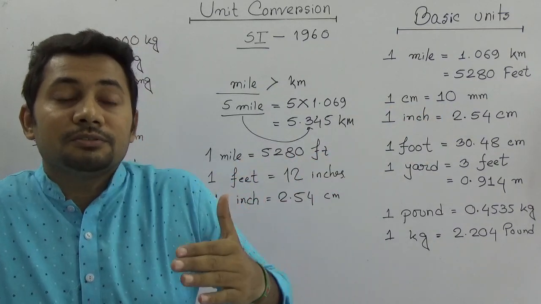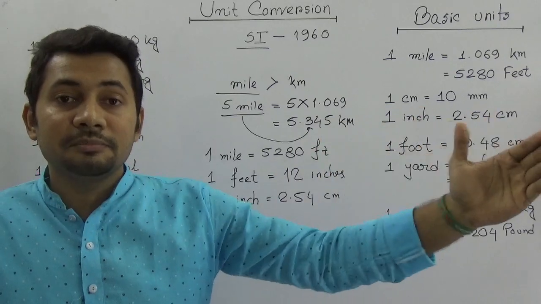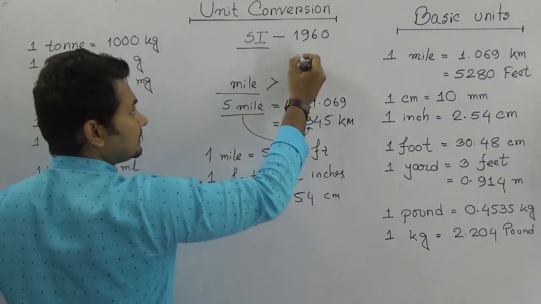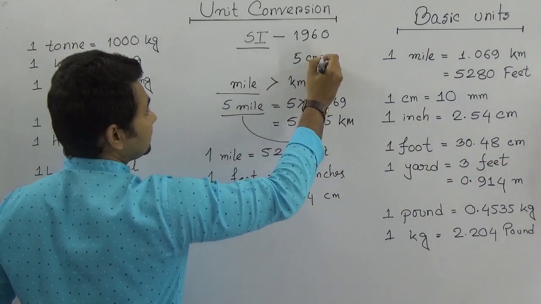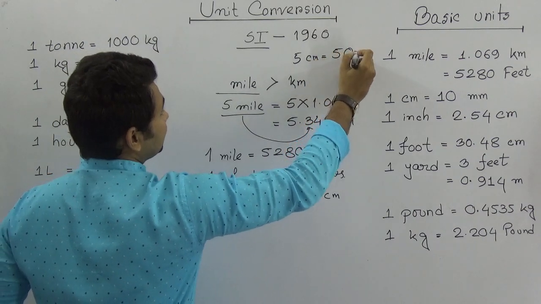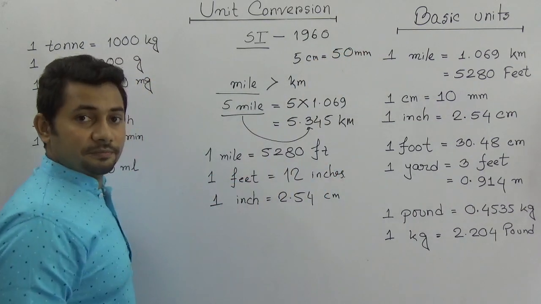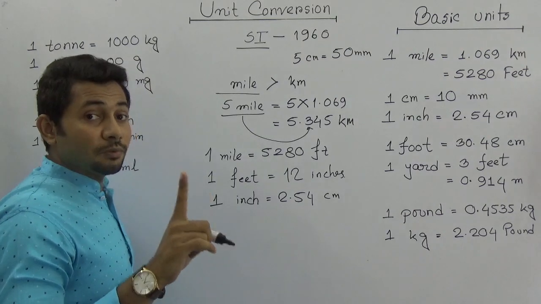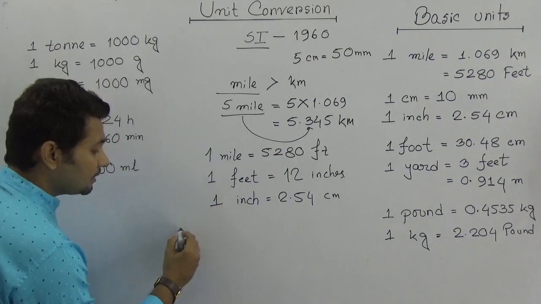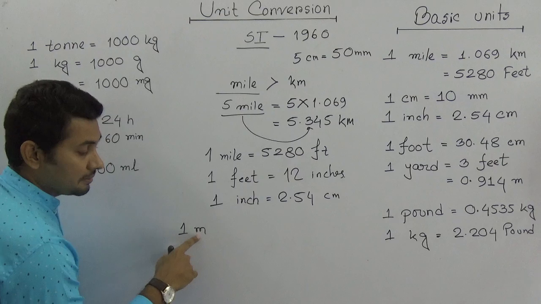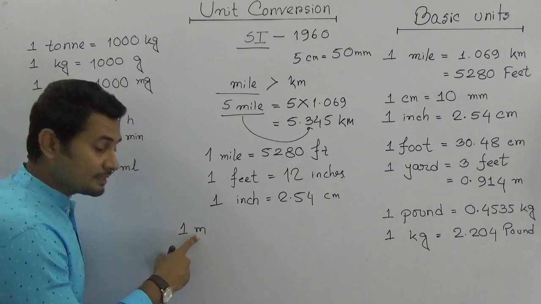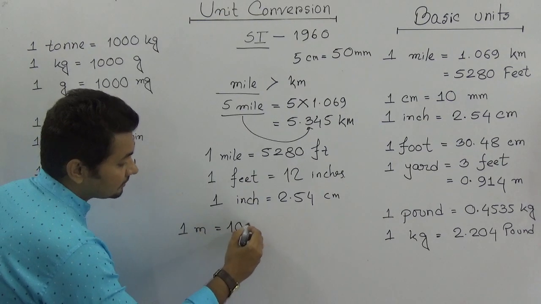So if 5 centimeter is converted, it is 50 millimeter. We know that milli is 1000.